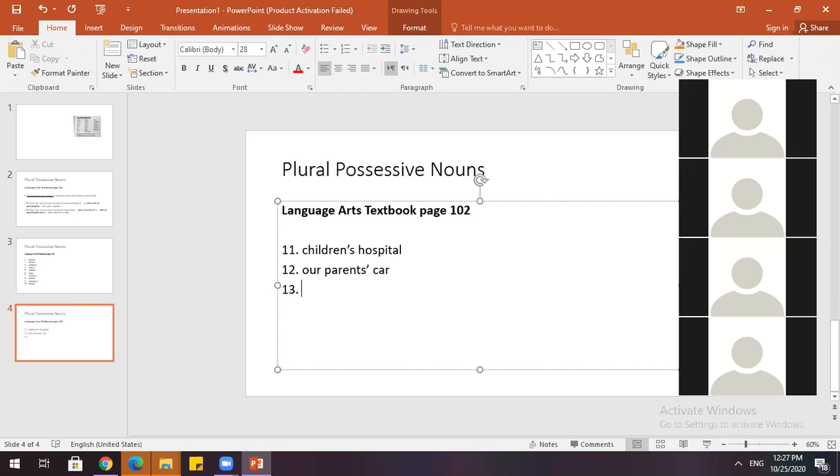How do we rewrite this for it to be plural possessive? The help of the nurses. We will write the nurses, S apostrophe, nurses ending in S apostrophe and then help. The nurses' help. Like this. Okay, number 14.